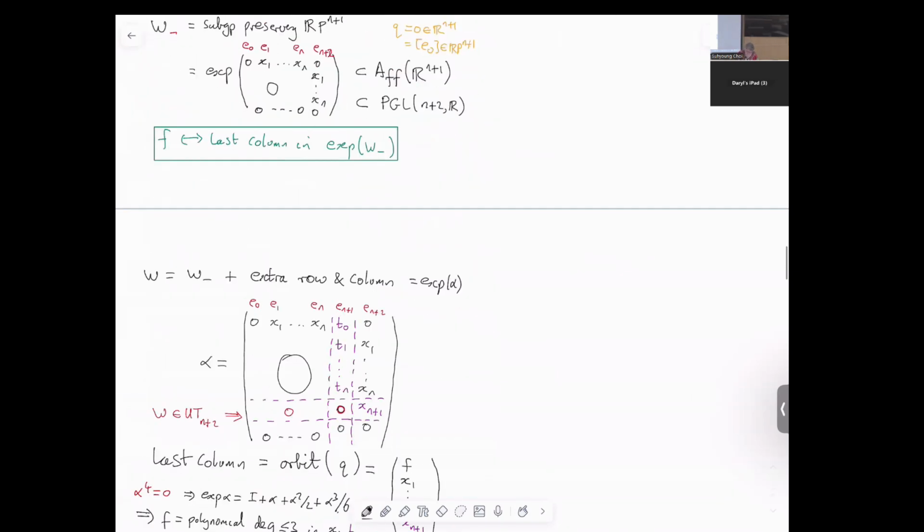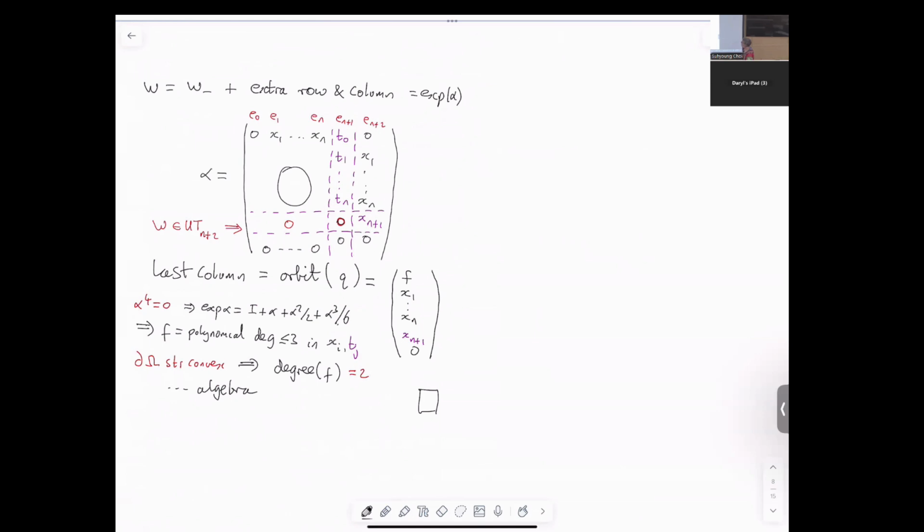And so to do the inductive step, you know that the group is going to be the exponential of some Lie algebra of this form. You know what the stuff all here is. You don't know what the stuff in this column is. You know there are zeros here because we know the holonomy is upper triangular. And you don't know what this entry is. So inductively, you know the holonomy is of this form.